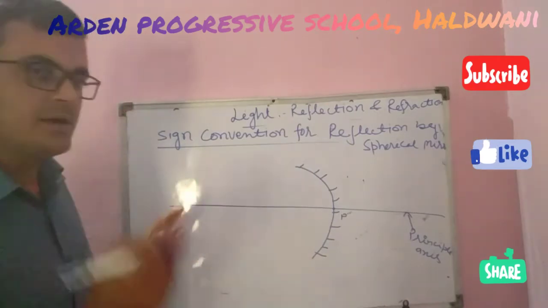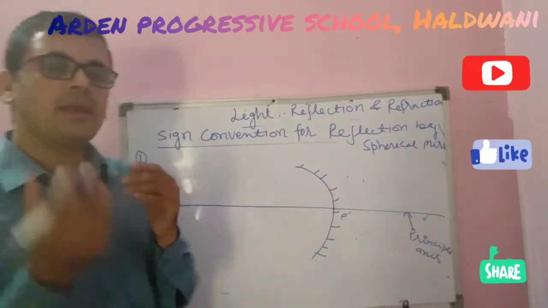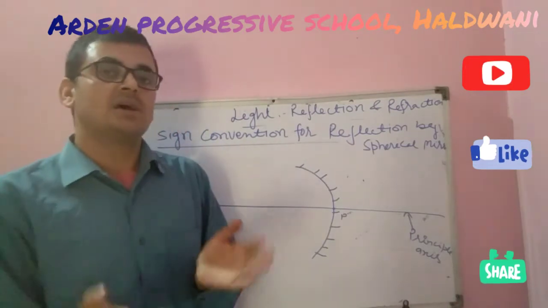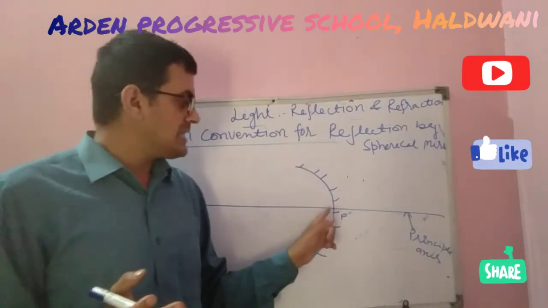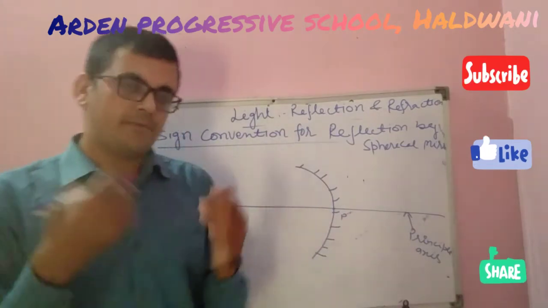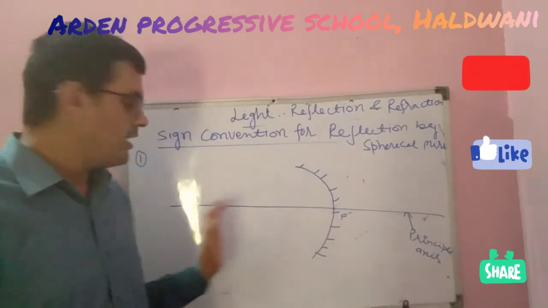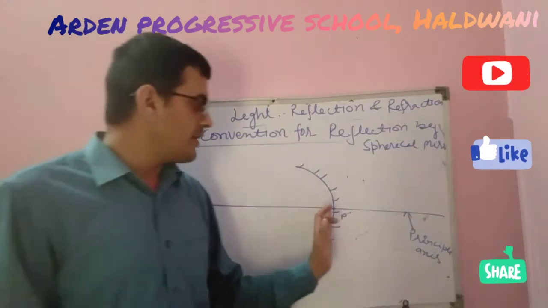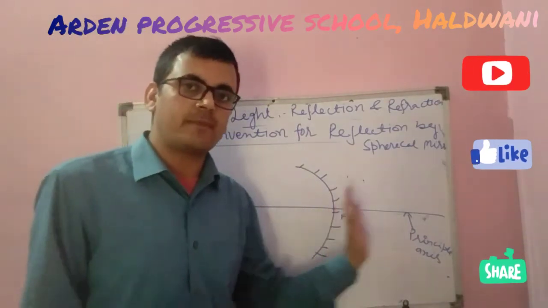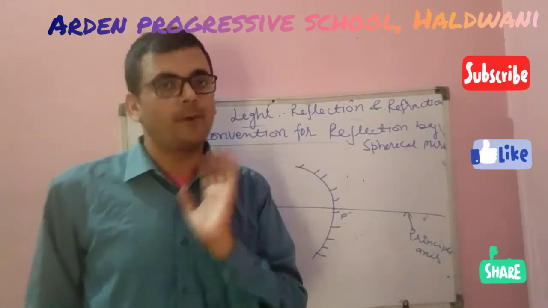So student, first one is, whenever we measure the distance, it will always be measured from the pole. If we want to measure the distance of object, we will measure it from the pole. If we want to measure the distance of image, it will always be measured from the pole.